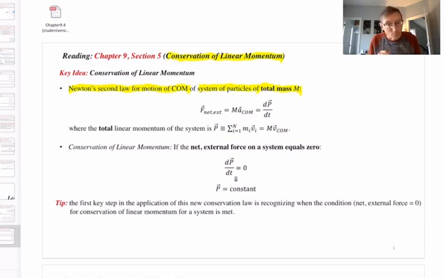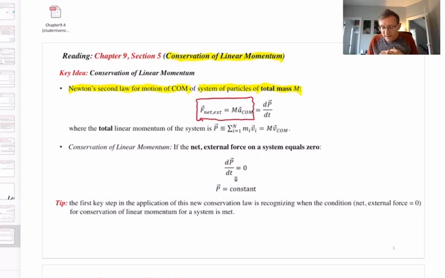We'll find the acceleration of the center of mass using this form of Newton's second law right here. Take the net external force and equate that to the total mass times the acceleration of the center of mass. That's Newton's second law for the motion of the center of mass.